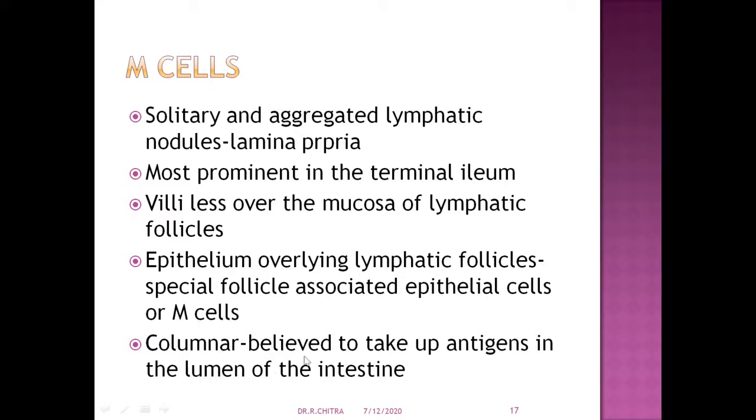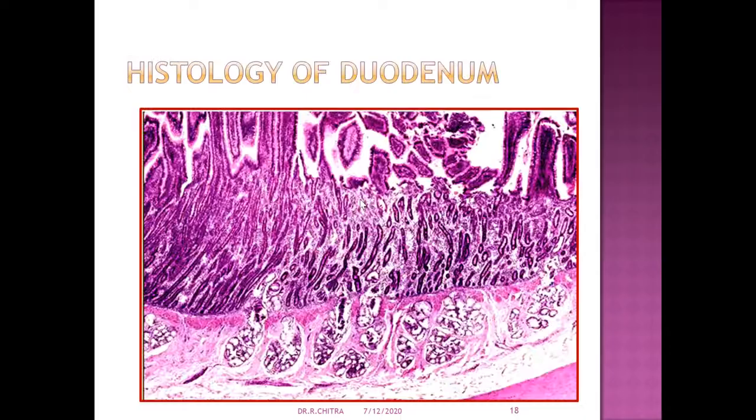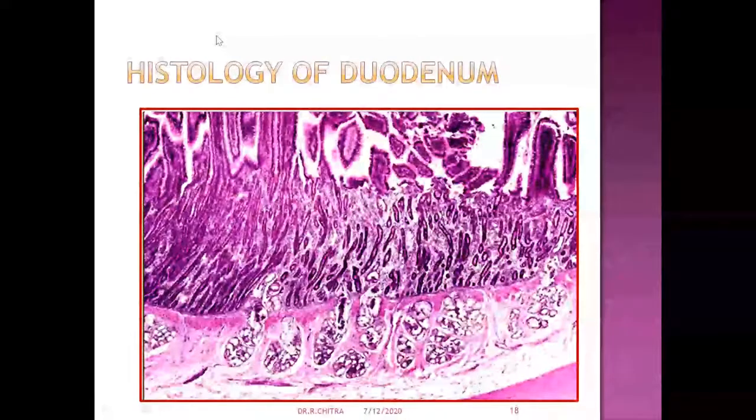So function is believed to take up antigens in the lumen of the intestine. So these M cells are prominent opposite to the lymphatic nodules which are present in the lamina propria, especially in the terminal ileum. So we have finished the modifications of the small intestine.